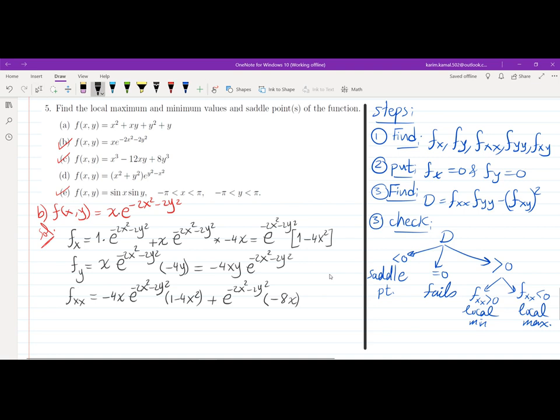And then fyy, which will be the product rule, since the first term includes y and the second term also.